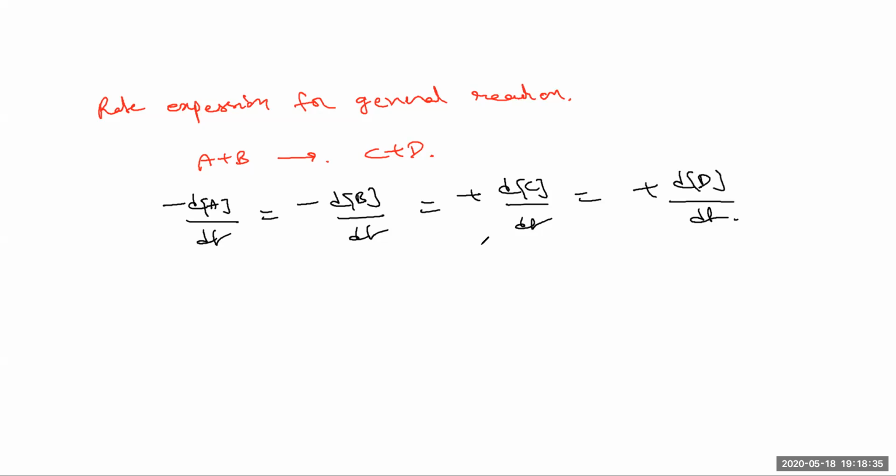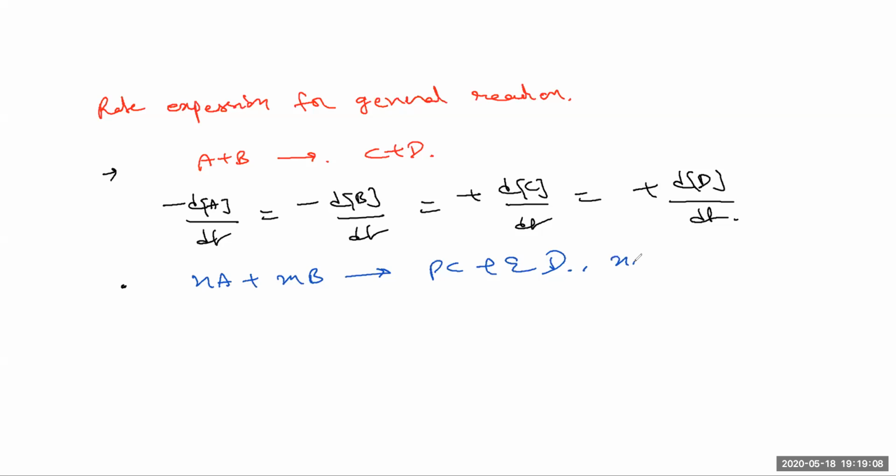Understood or not? Or if you consider another reaction, nA plus mB gives rise to pC plus qD. Here, what are the small letters?